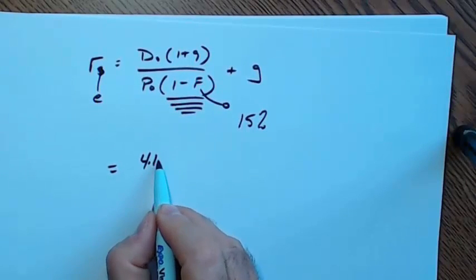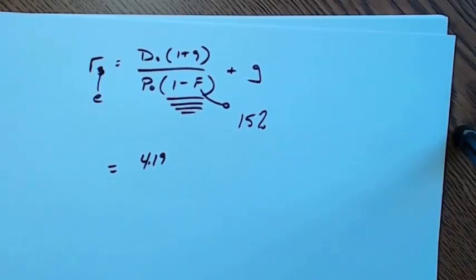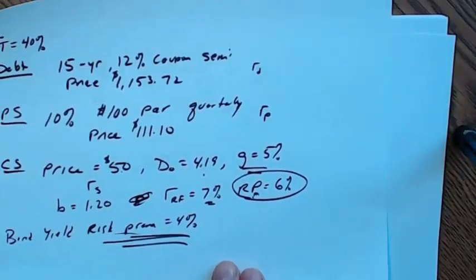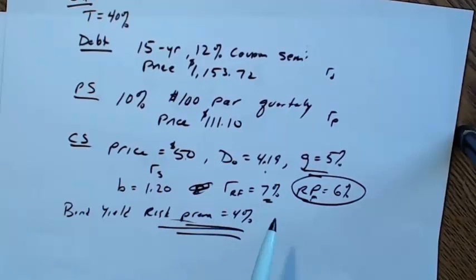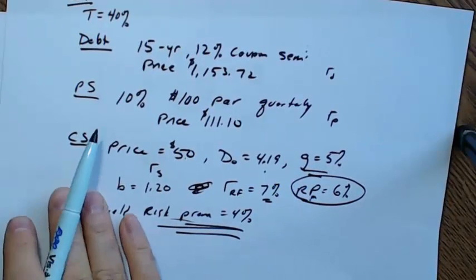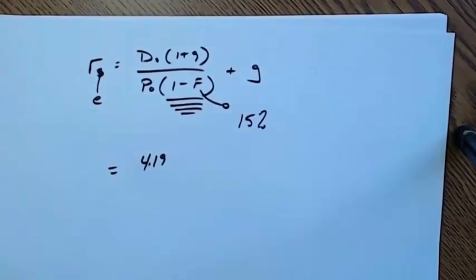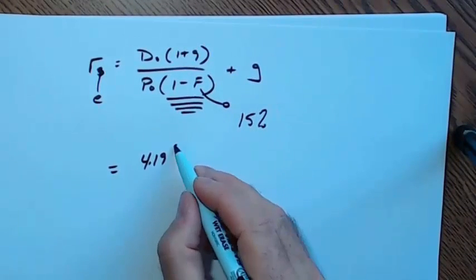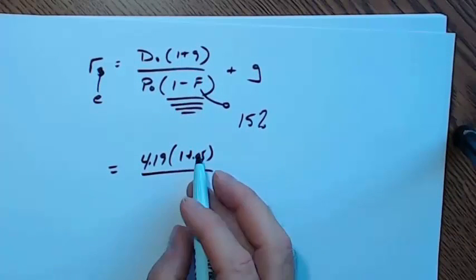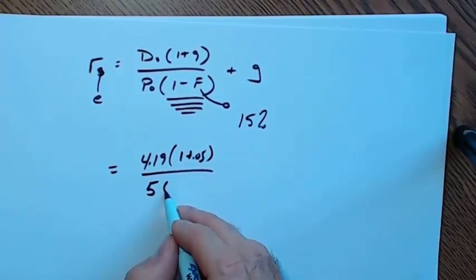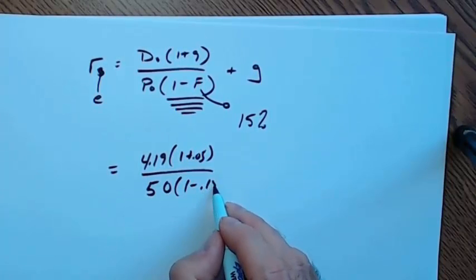The dividend is $4.19 according to all this data that we had at the very beginning. Right there it is. So I'm using this data here. $4.19, growth rate of 5, $50 stock price, 1 minus 0.15.